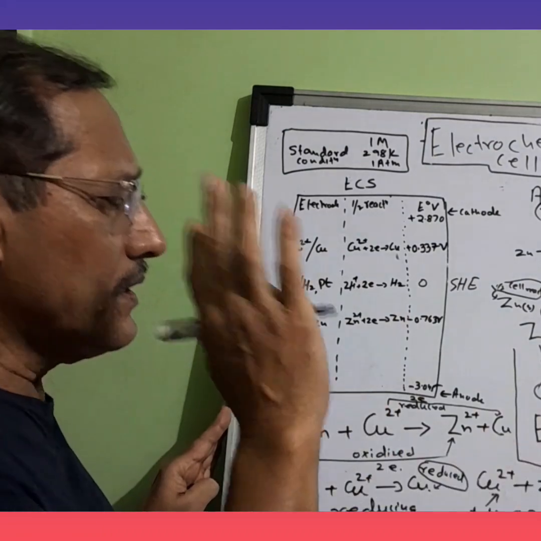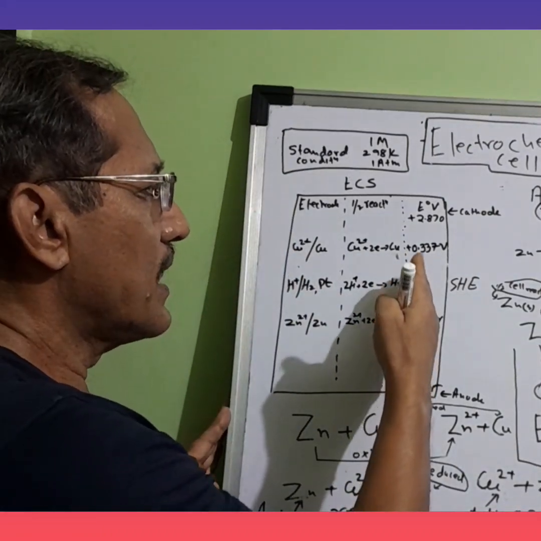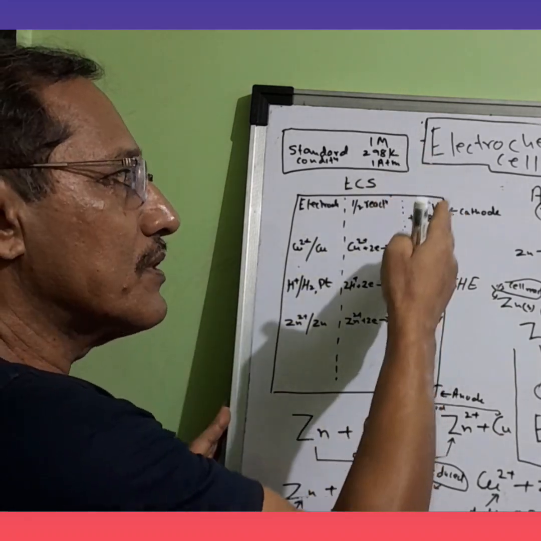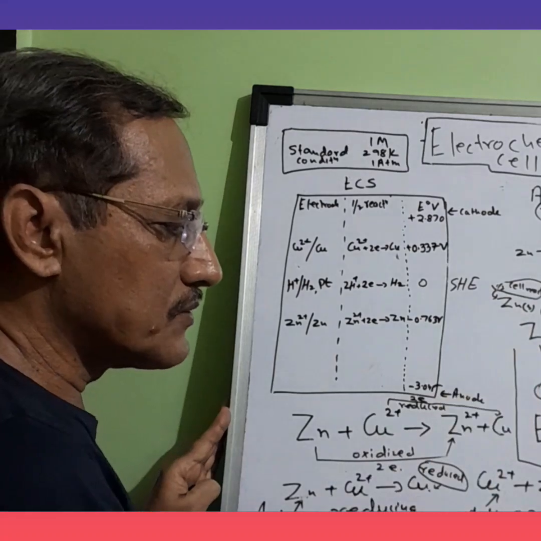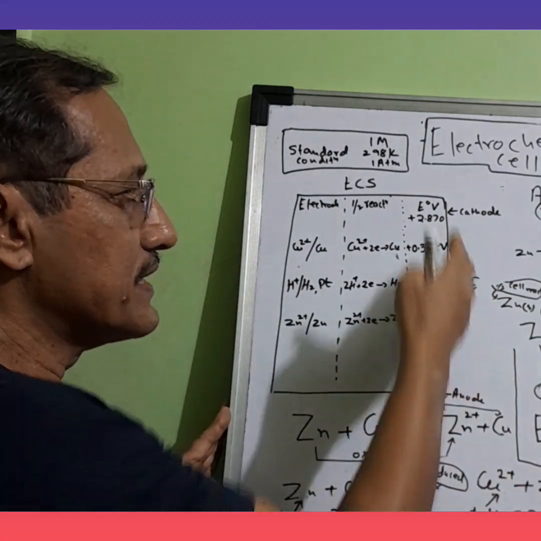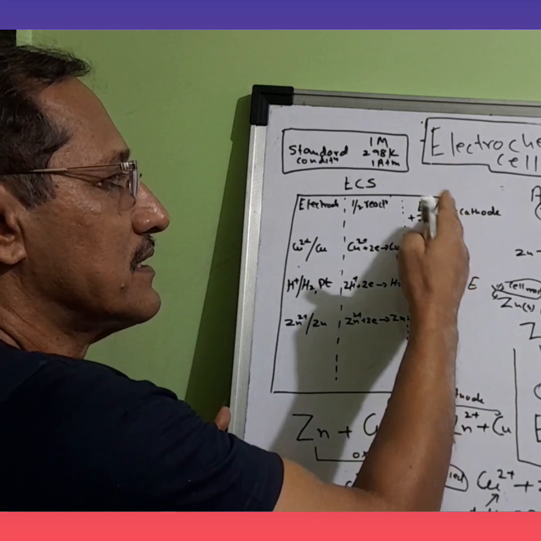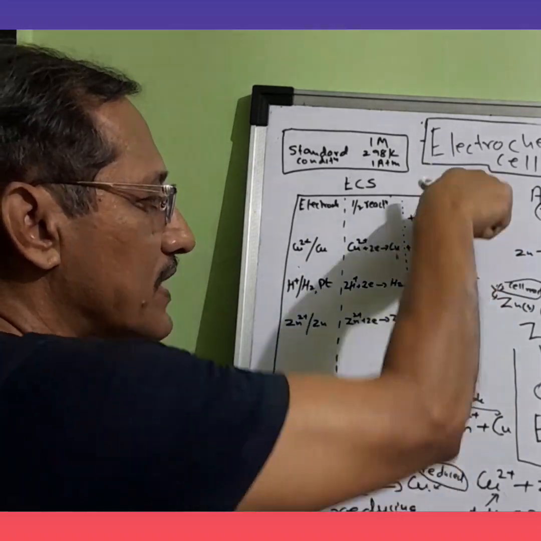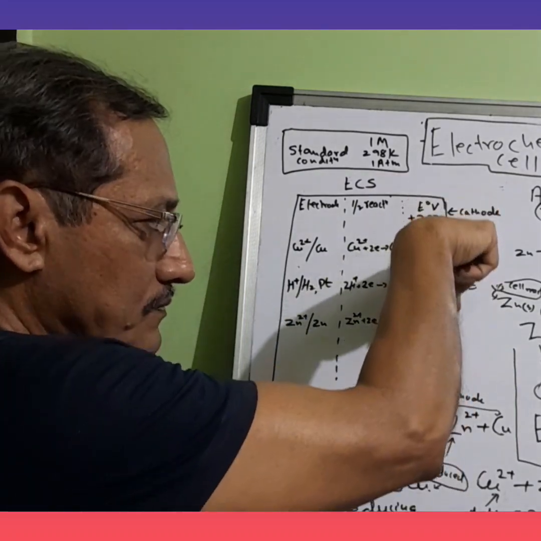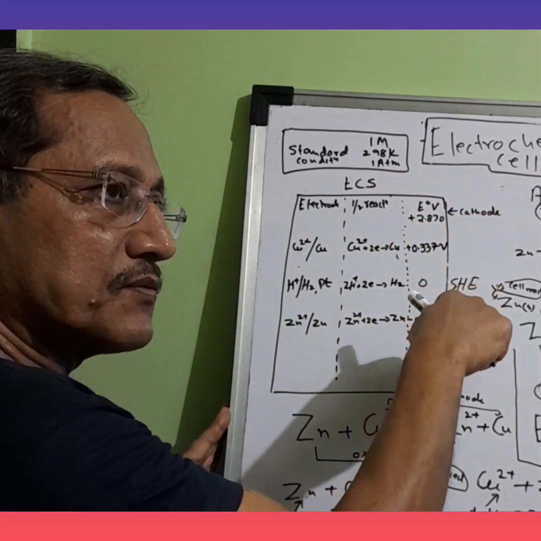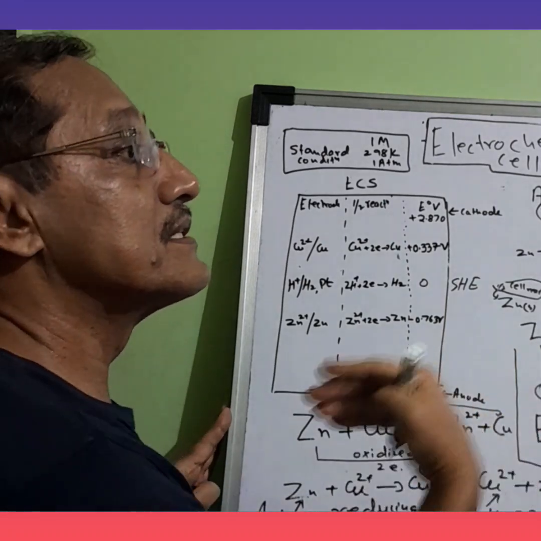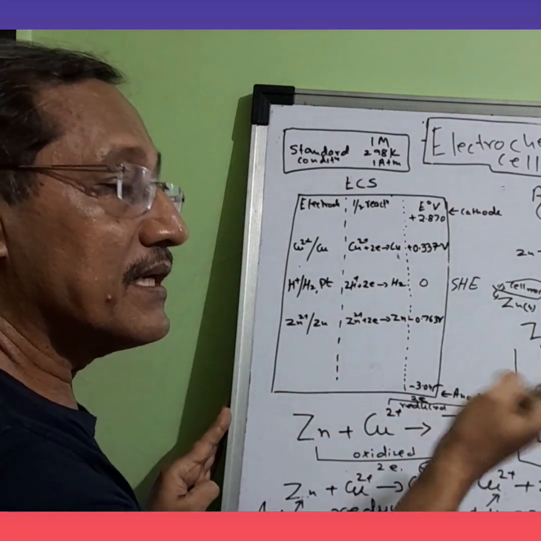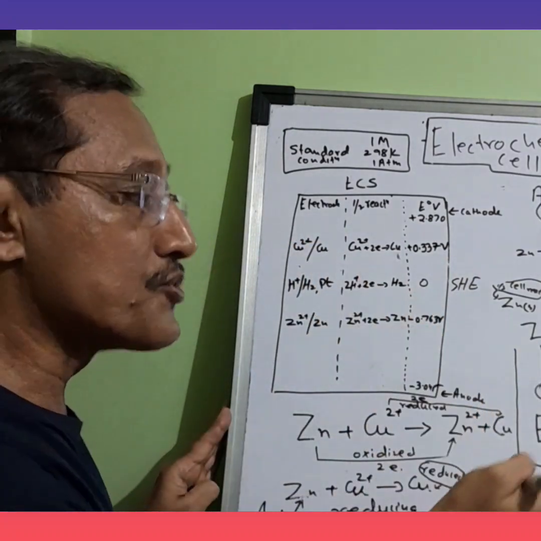Alright, so what happens is 0, and then as it keeps on becoming positive and positive, that means it's becoming more and more cathode. More and more cathode means what? Cathodes are oxidizing agents. So more and more it becomes a better oxidizing agent, as you go up. Whereas when you go down here, you are moving towards anode. So anode does what? What did zinc do? Zinc gave 2 electrons, and by doing that, it reduced copper.